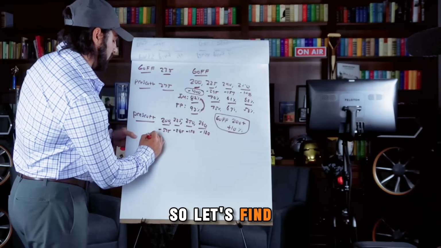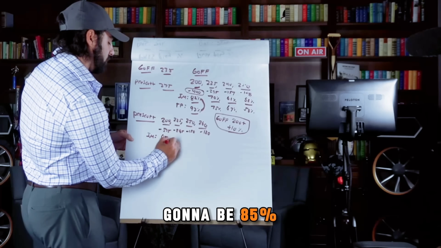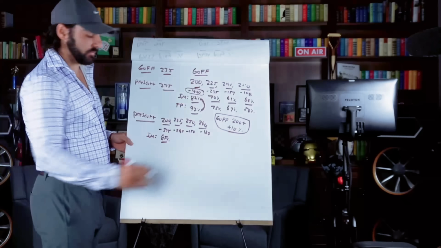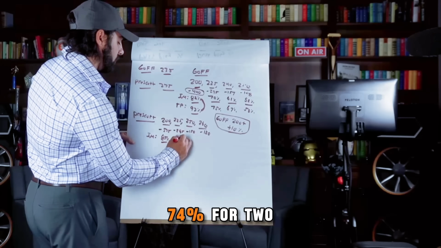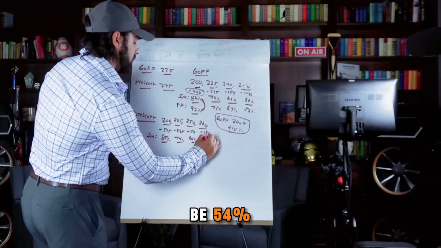So let's find our implied probability here. Our implied probability is going to be 85%, and then for 225, 74%. For 250 is going to be 60%, and then 260 is going to be 54%.